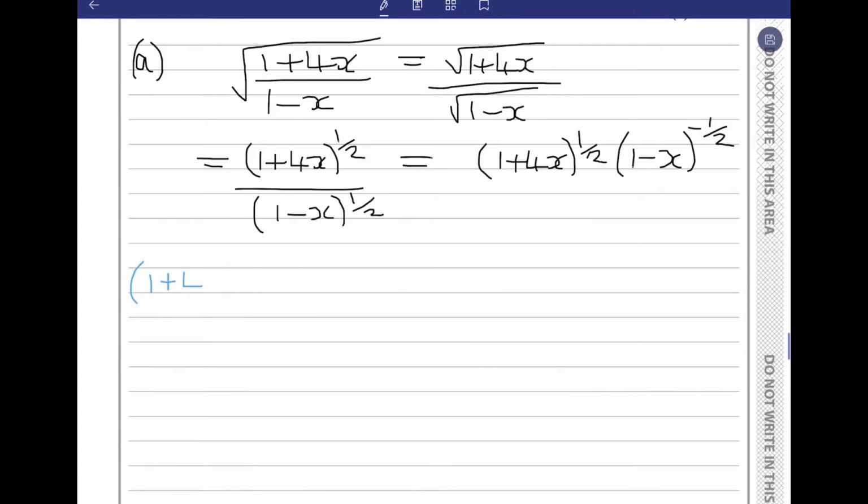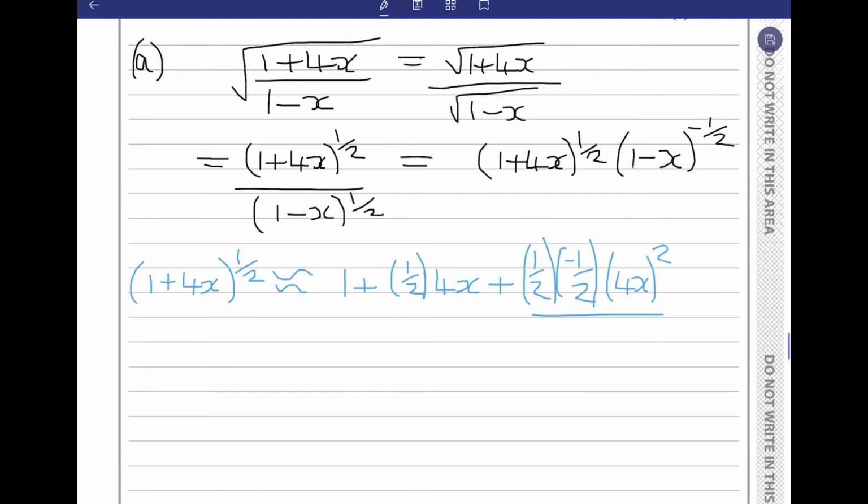Now all we have to do is use the formula for the binomial expansion to calculate these two terms. So (1 plus 4x) to the half is 1 plus a half times 4x plus a half times minus a half times 4x squared over 2 plus dot dot dot.